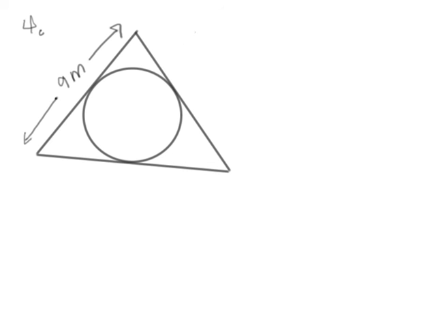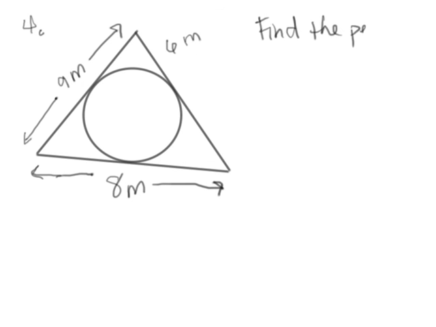They give us that this piece right here is 6 meters. And that this bottom piece, the entire thing, I'll use arrows to denote that I'm talking about the entire thing, is 8 meters. And in this problem, they want us to find the perimeter.